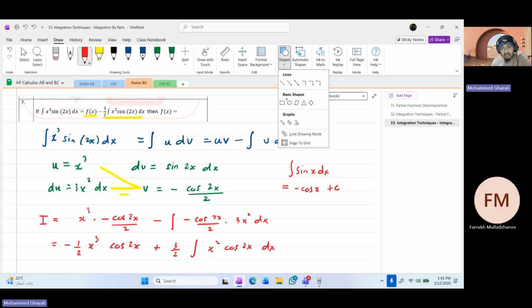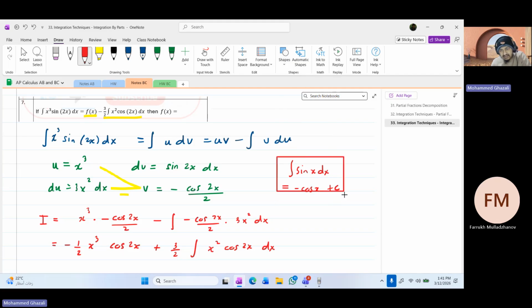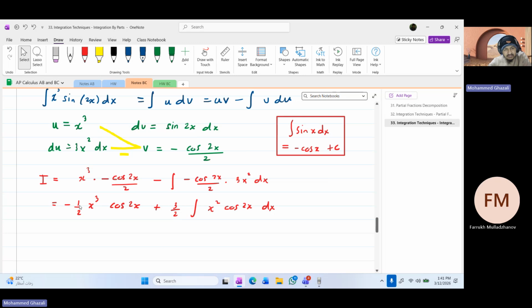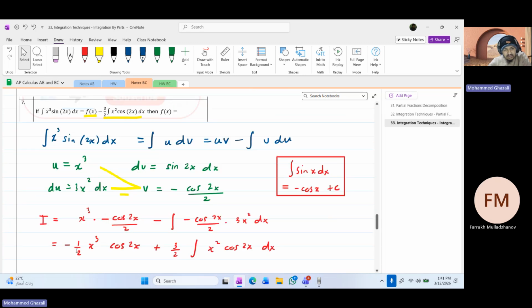That's correct, right? Because if I differentiate cos, I get negative sine. Yeah, so this one here, there's something wrong here. Should have been negative.